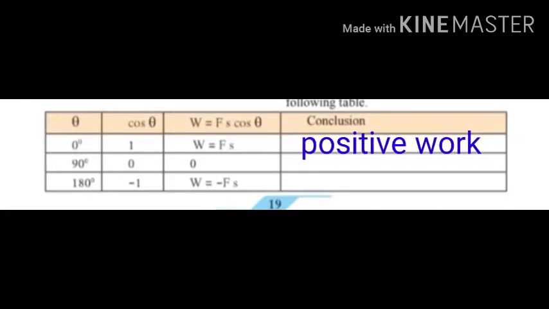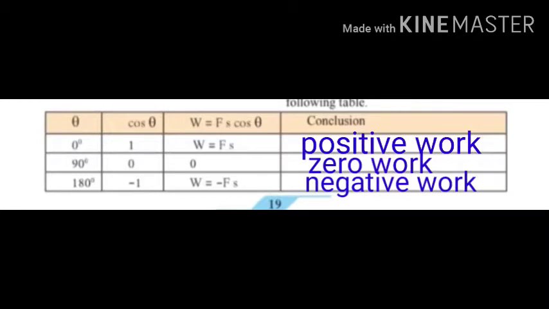Number 2, theta 90 degree, cos theta is equal to 0, then work done is 0, means it is zero work. And when theta is 180 degree, cos theta is minus 1, work done is equal to minus force into displacement, that is negative work.